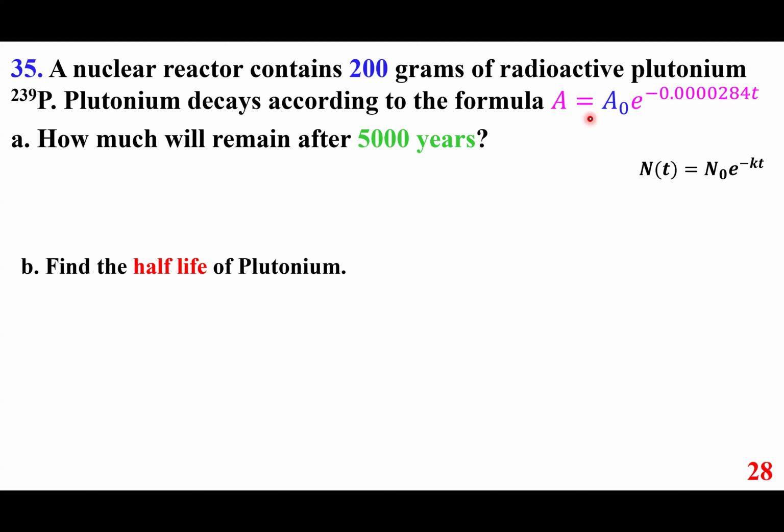let's see what is going on. So it contains 200 grams to begin with. That means a sub 0 is 200 grams and t is 5,000 for this part. Plug in, replace the a sub 0, replace the t.